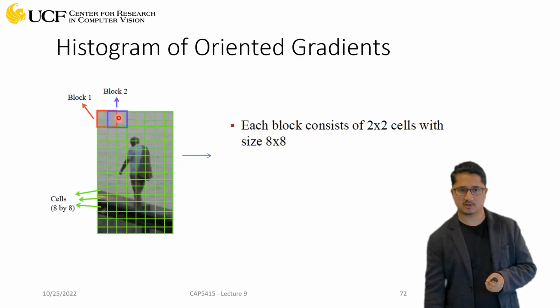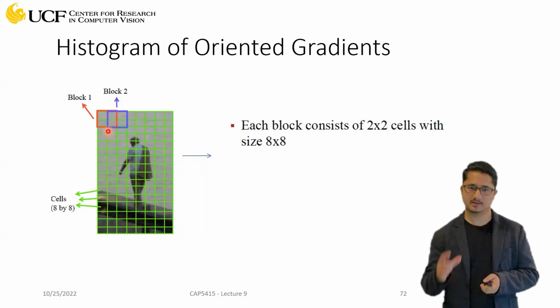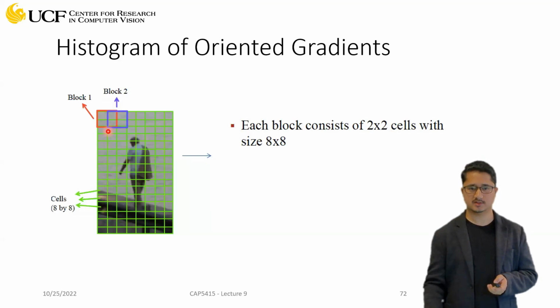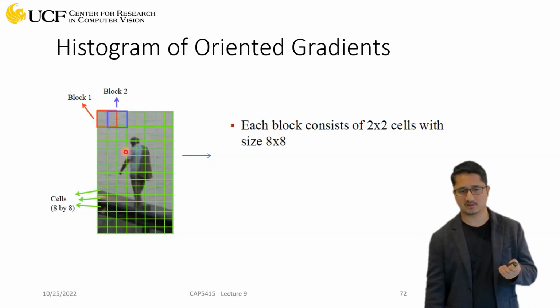So each block has 2x2 cells, which is fine, 4 different cells. And size is 8x8. Okay, so each cell is 8 pixels high and 8 pixels wide, which means that your block will be 16 pixels by 16 pixels. Okay, and again, those are just numbers. If you have very high resolution images, this might change as well. But in this particular case, let's say these are the stats.